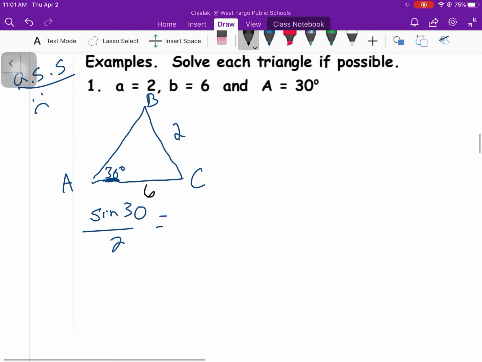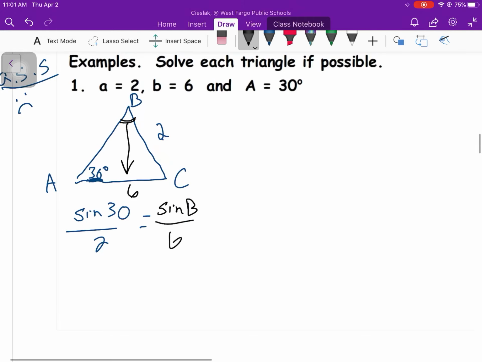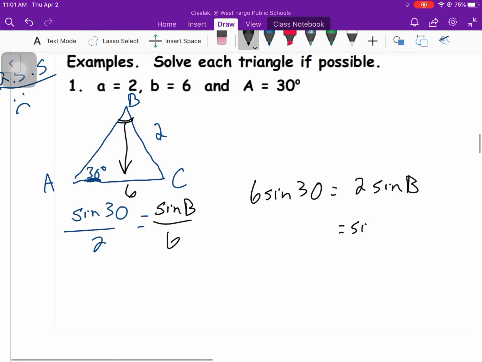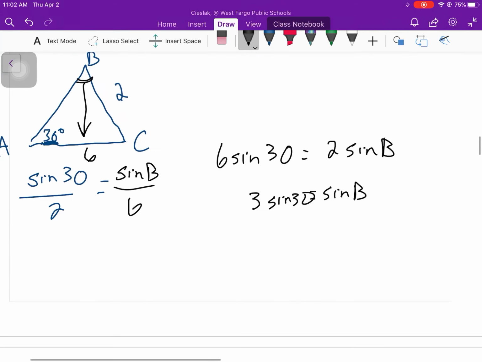B is 6, not C. So I'm going to say find the angle that is opposite the other given side. So I'm going to say sine of 30 over 2, that's given to me, is equal to the sine of B over 6. Okay, we cross multiply, so that's going to give me 6 sine 30 is equal to 2 sine B. If I divide by 2, I'm going to get the sine of B is equal to 3 sine 30.